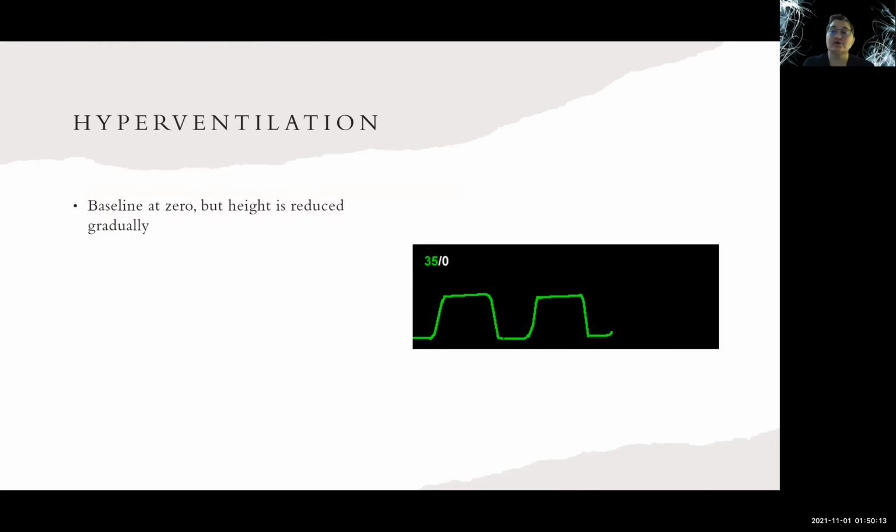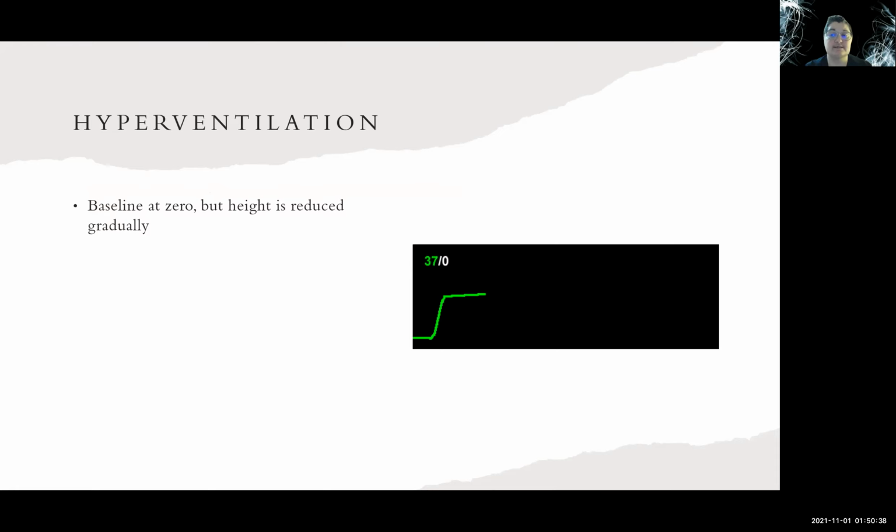Hyperventilation. Generally, our frequency is going to be pretty regular. Same with our rhythm. However, the height of the waveforms are going to reduce gradually. They will go back down to baseline and their baseline will stay at 0. Generally, the shape of them is going to be pretty close to normal.